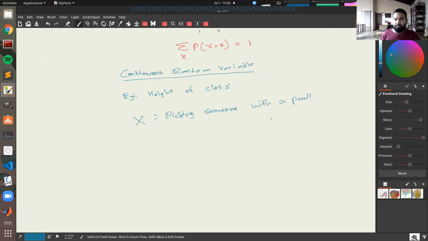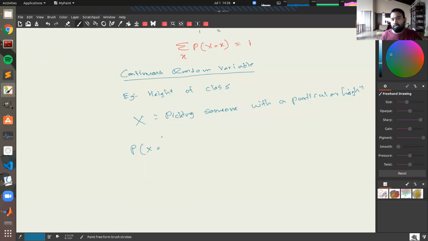So x can be that event, right? Then, for example, we can ask, what's the probability that I will pick someone who is of height?